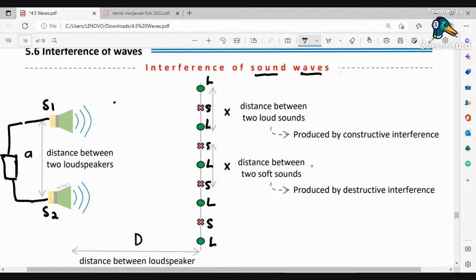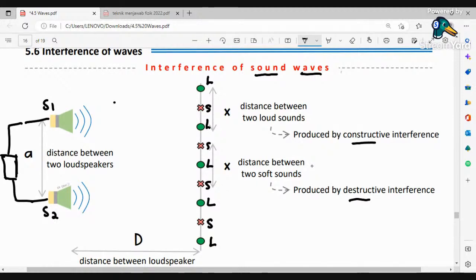Because as we know, the antinodal lines and the nodal lines always come alternately. The distance between two consecutive loud sounds is X, or the distance between two consecutive soft sounds is also X. The loud sound is produced by constructive interference, and destructive interference produces soft sound.